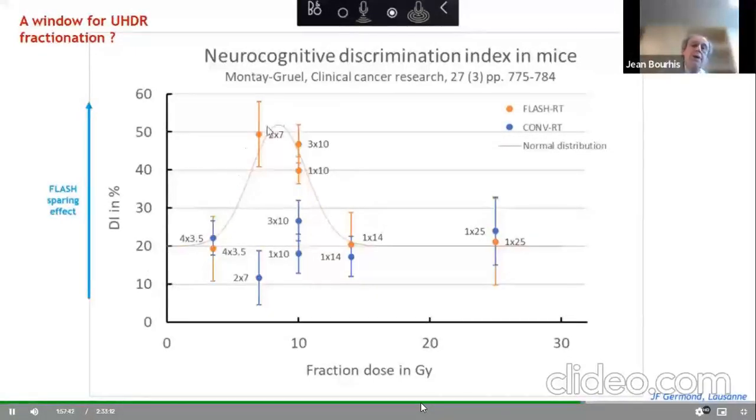And what we see here is that there may be some suggestion that there is a window of opportunity here of having the sparing effect in the range of 7 to 10 gray in fractionated mode. And if you go beyond that, you are too toxic, whatever you use, conventional or flash. And if you are below that, when you fractionate, it's hard probably to see a difference also between flash and conventional.